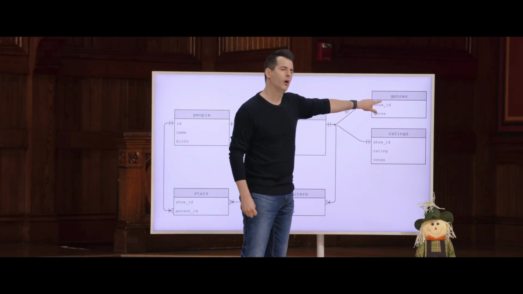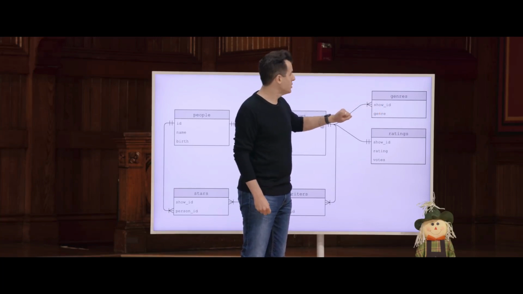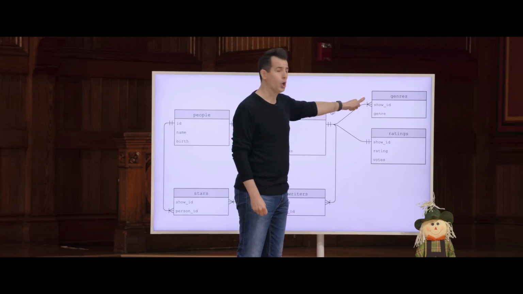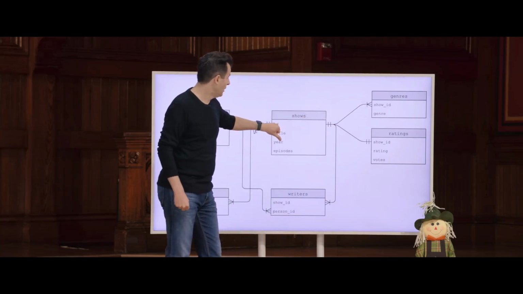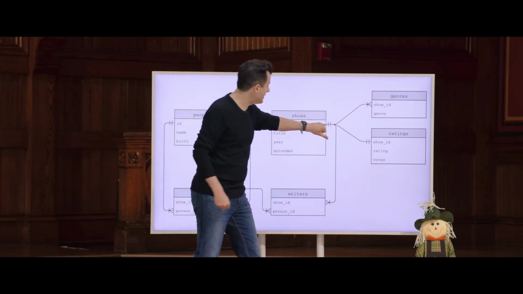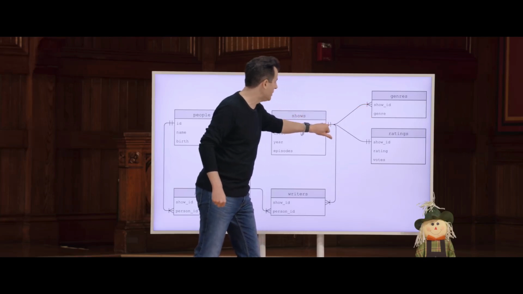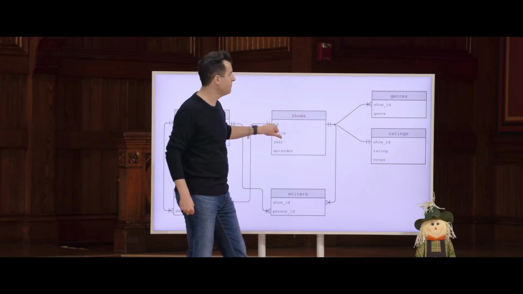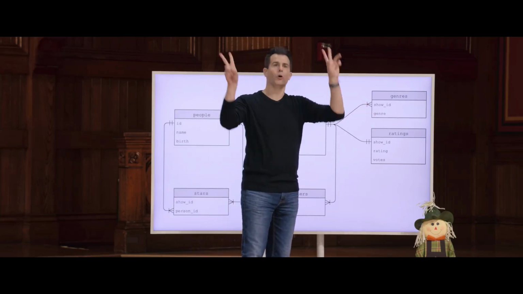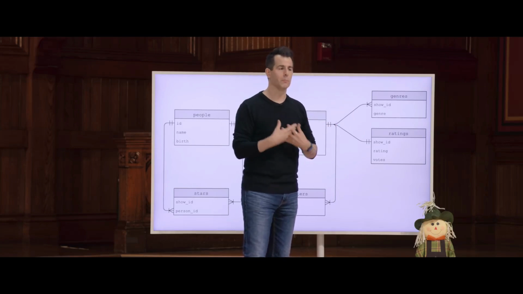Every row in the genres table, we'll see, has 2 items, a show ID, which relates to the ID of a show, and that's why these lines literally line up with that specific column name, and a genre, which is going to be like quote unquote comedy, quote unquote drama, or something else.